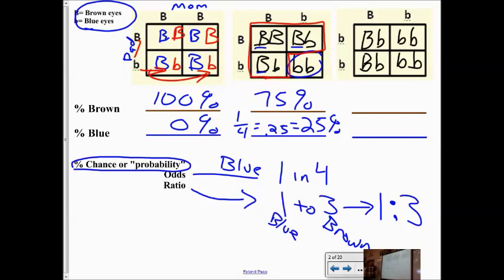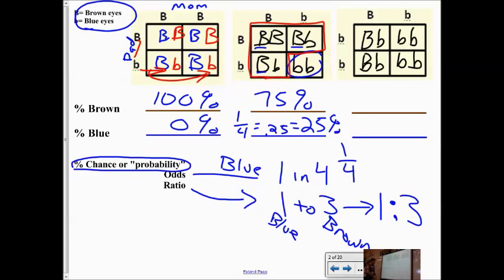Still with me? Okay, so when I ask for a ratio, this is what I'm looking for. They might ask for odds, but if they say percentage, specifically they say, what are the odds of, give it to me in a percentage, well, then you can give it in a percentage, okay? When I say the odds are 1 in 4, 1/4, well, that's 25%.